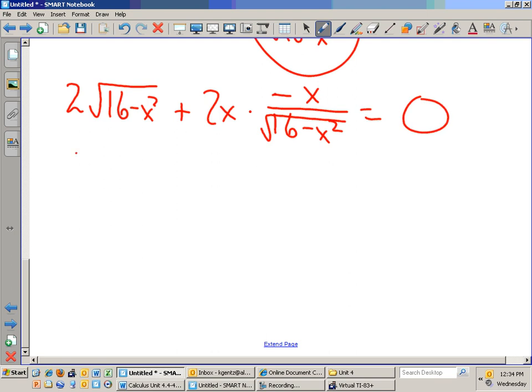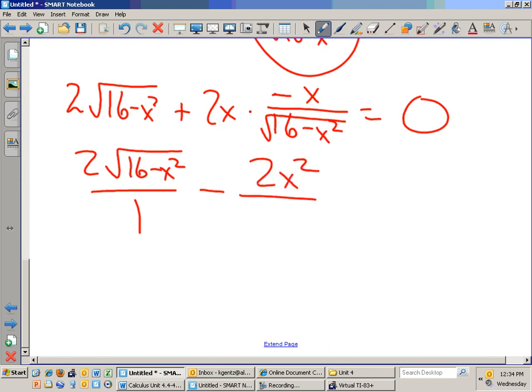So this is really 2 square roots of 16 minus x squared over 1. And then 2x times a negative x would be a negative 2x squared. So minus 2x squared over the square root of 16 minus x squared equals 0. Well, hopefully you guys see where this is going now. This works out really nice.